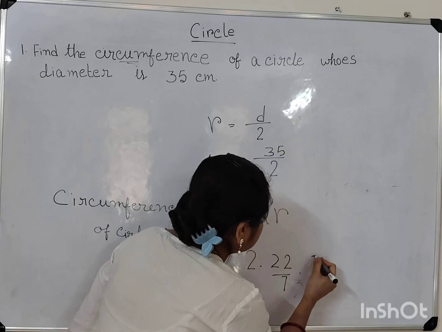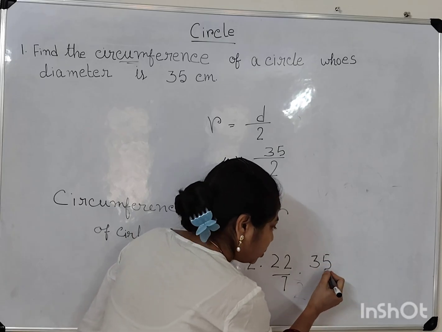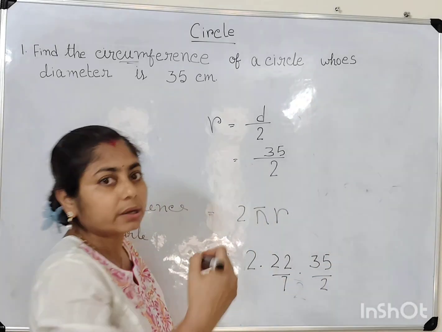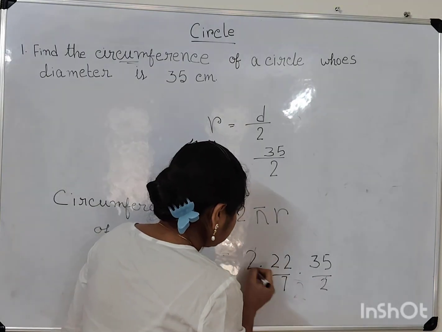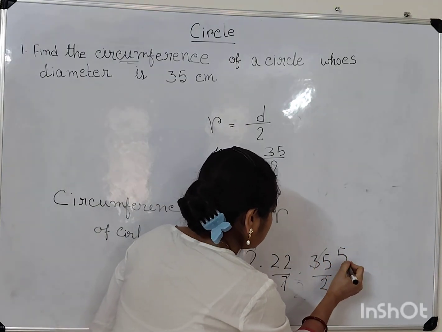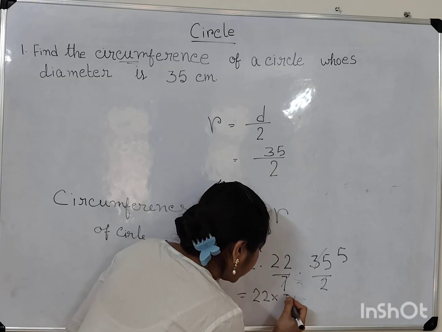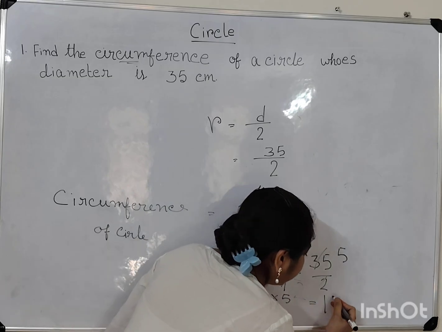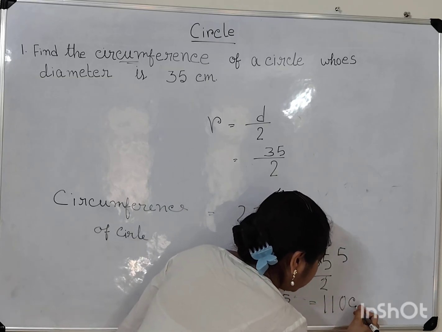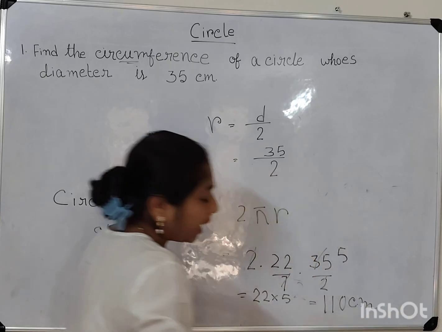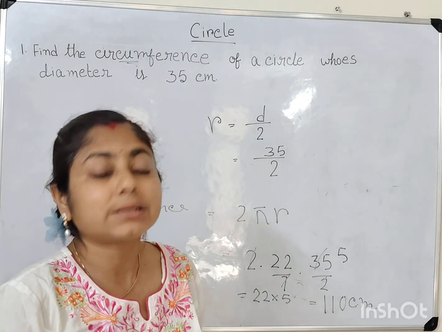And r means 35 by 2. Now you start to calculate. 22 into 5, 22 into 5, it means 110 centimeter. And it is not area, it is circumference.